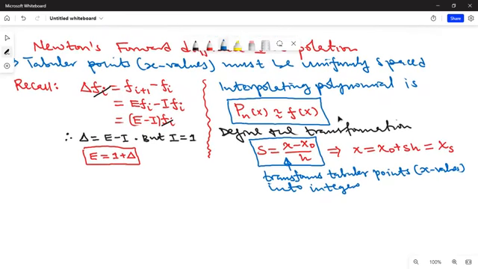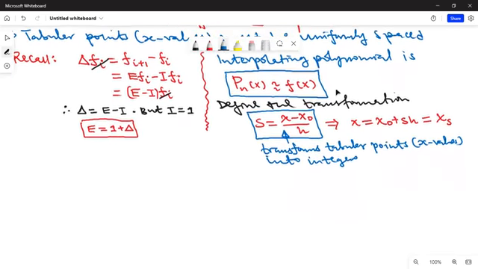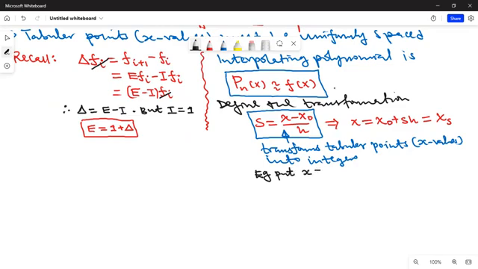Let me explain why, with a few examples. If I put x equals x naught, what will I get as the value of s? I get s equals x naught minus x naught over h, that is 0 over h, so that is 0. You see 0 is an integer.